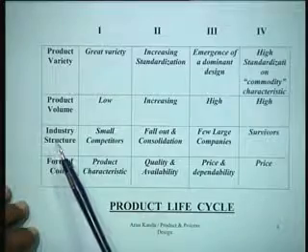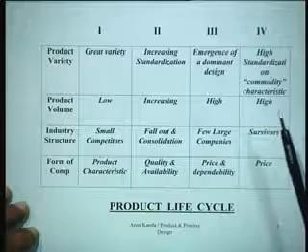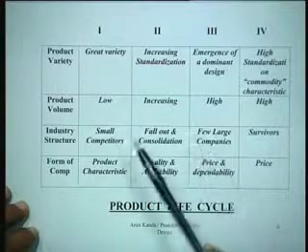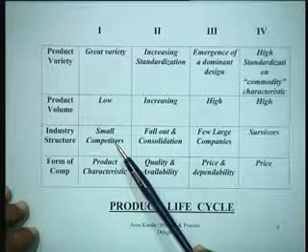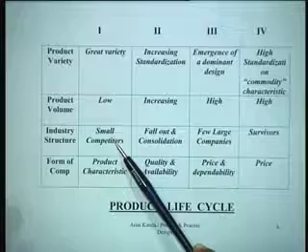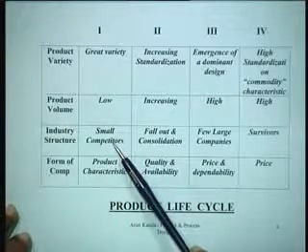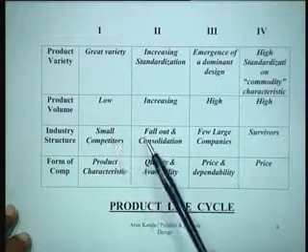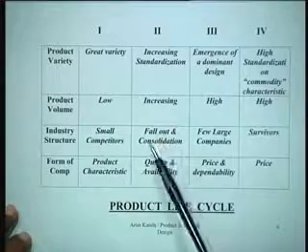Industry structure means look at the entire set of people who are manufacturing that particular product. Normally, when the product is introduced, a large number of small competitors come on the scene to manufacture the product. As the product sales grow, there is a fallout and a consolidation.